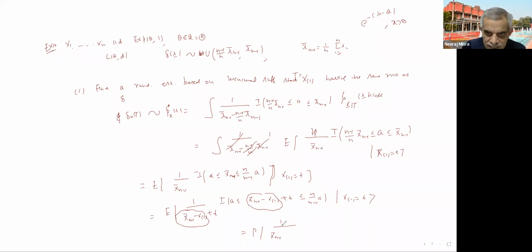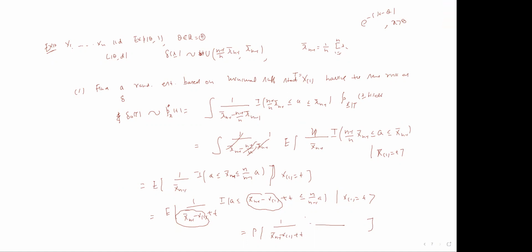I'll have to check whether this is the correct answer or not, but I've told you the technique, right? And then this is the same as without the condition. So we have to solve this. Let me just check the present version, because I've just posted the assignment. Which assignment number is this? 5, right?